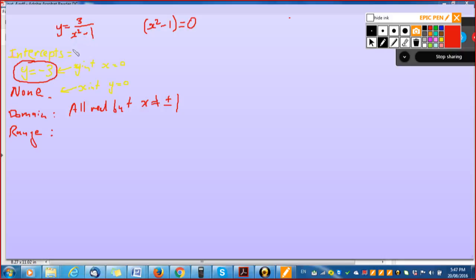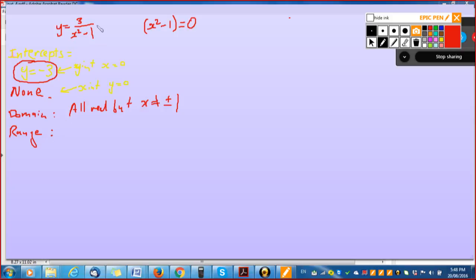When X is equal to 1, Y is infinity, so that exists.